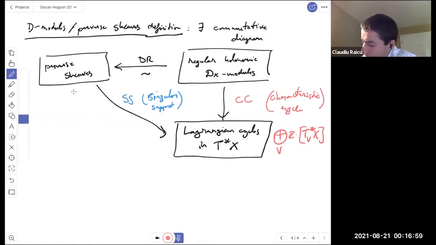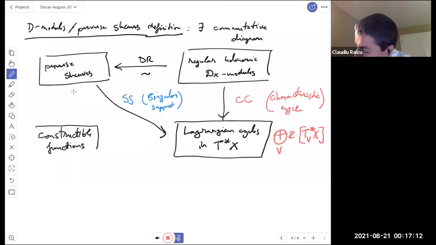But then we also have maps to constructible functions, which you should think of also as a free abelian group generated by the indicator function for a subvariety.